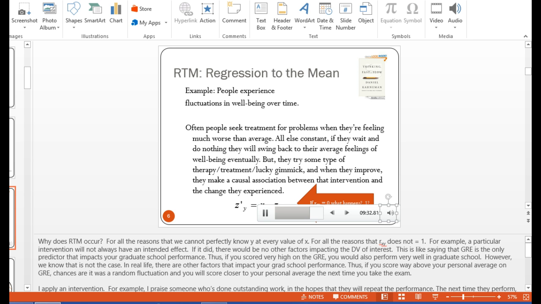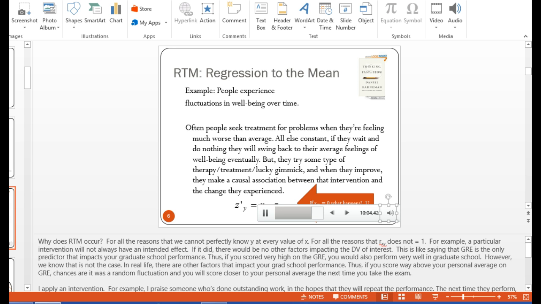So take a look at what happens when the RxY is 0. So again, in absence of any relationship between x and y, what happens? If we substitute 0 in for that RxY, we see that any value of the predictor score that we stick in there, we're going to have an expected value of 0. That means the mean of the DV, remember, because a z-score of 0 is equal to the mean.